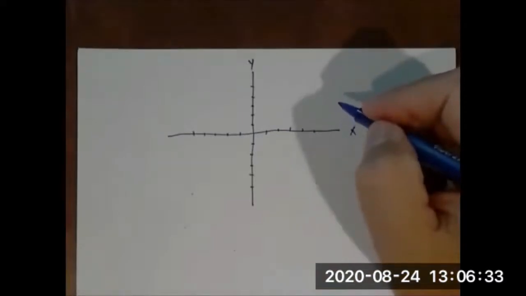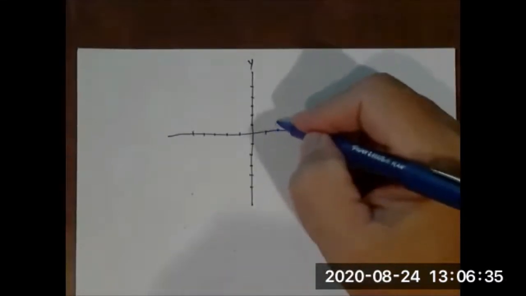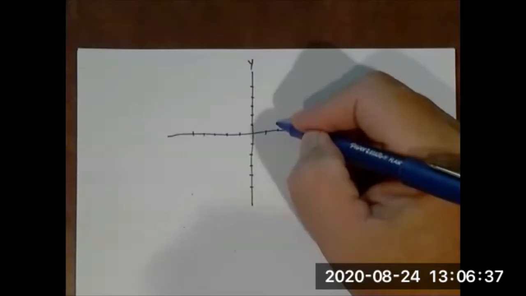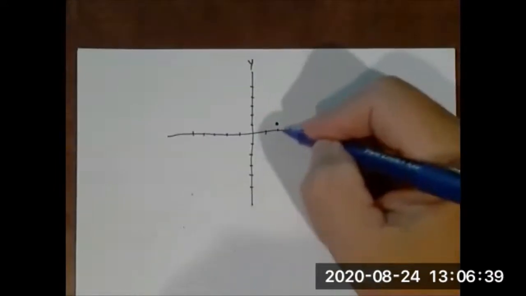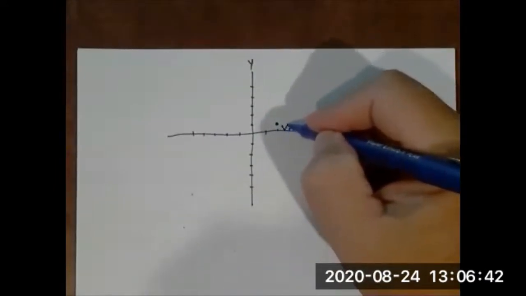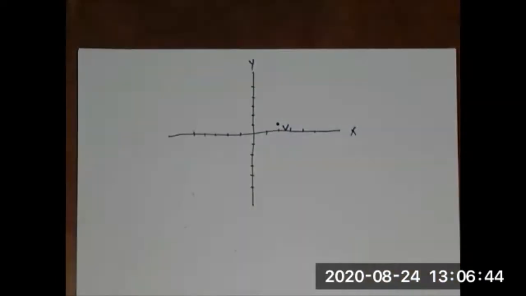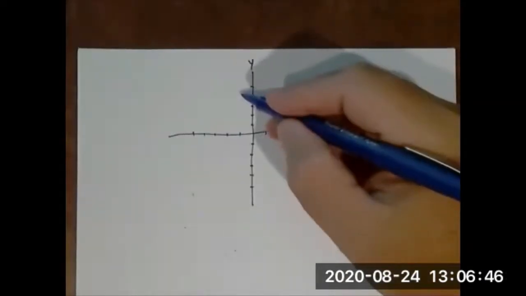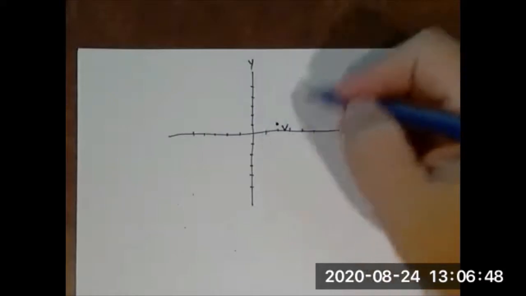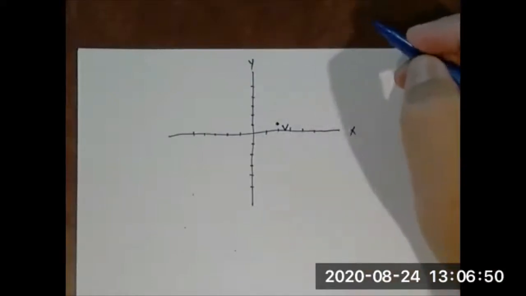Now let's plot the vertex (2, 1): x is 2, y is 1, right here. I'll put a little V there so I know that's the vertex. I know it's going to be some kind of parabola, and since it opens up, it's going to do something like this.